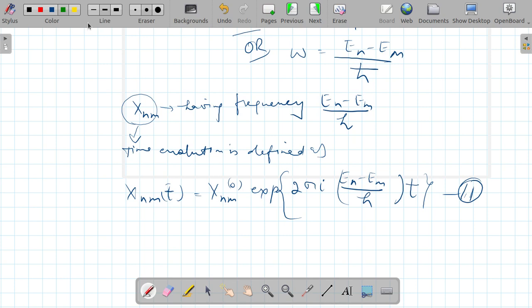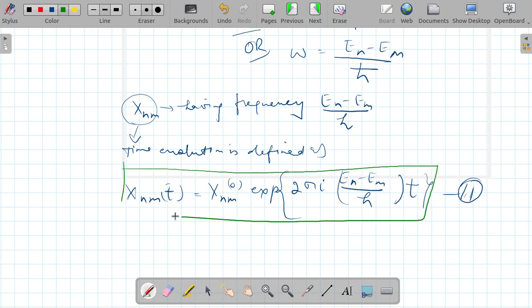So this equation is known as the original form of Heisenberg's equation of motion.